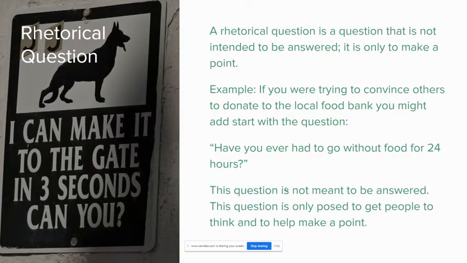Okay, so a rhetorical question is a question that is not meant to be answered. It's meant to help make a point. So if what I'm trying to persuade is that people should donate to the local food bank, I might use a rhetorical question and just say, have you ever gone without food for 24 hours?